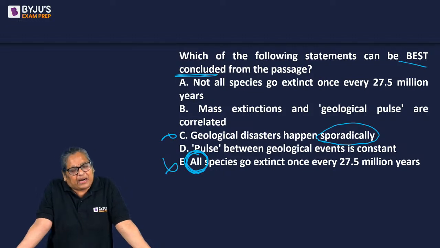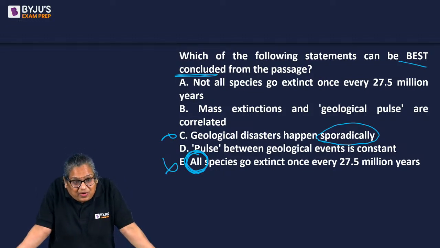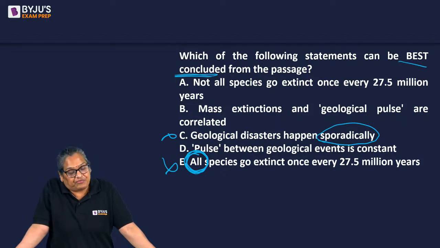Which one can you say for sure? I don't have to really worry. We are not talking about a random time, that they can happen randomly. They follow a time pattern or cycle. That's what the main point is. So sporadically makes it wrong.